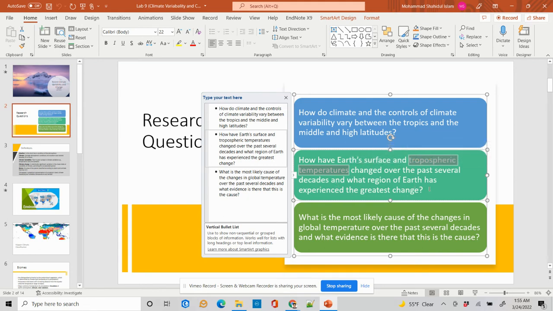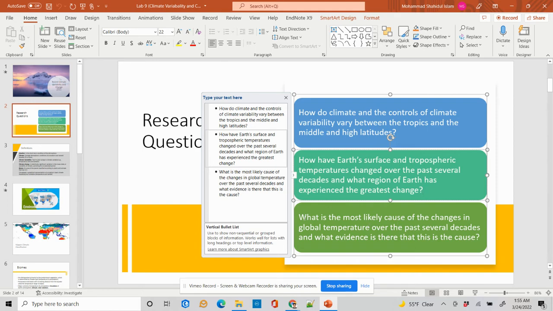There will be a question that asks whether the equatorial region or the high latitude region has experienced more temperature change over the past several decades. You will be presented with some diagram, Excel file or Google Earth file, which you need to examine and answer which region has actually experienced the greatest change in temperature.